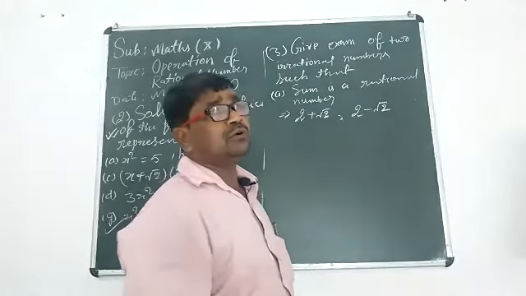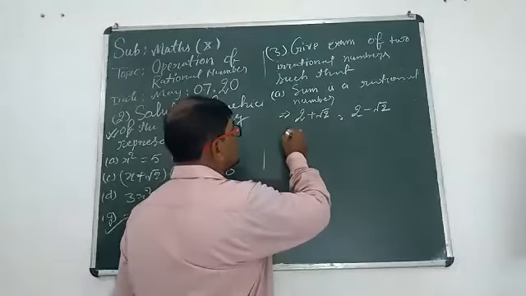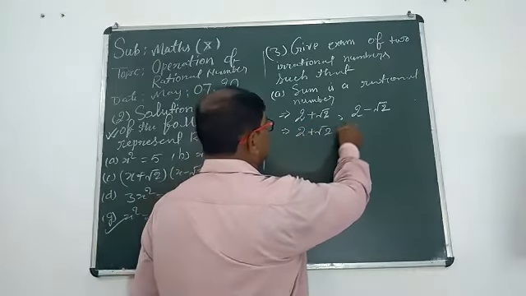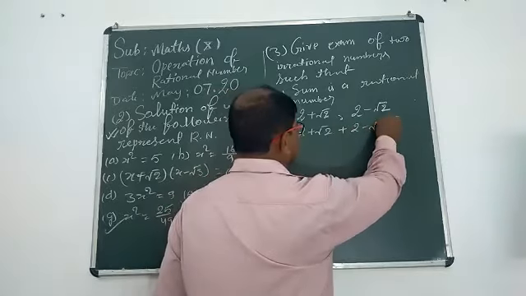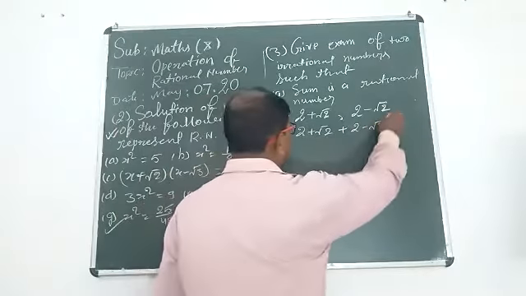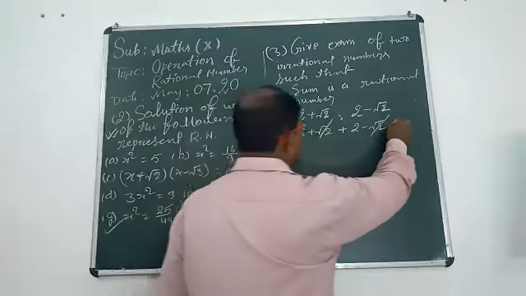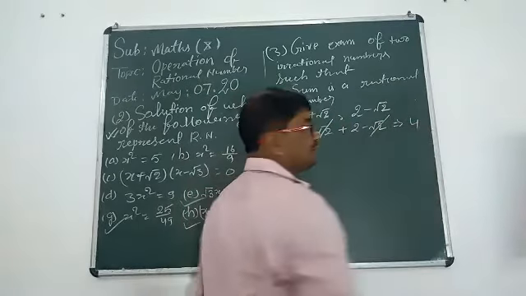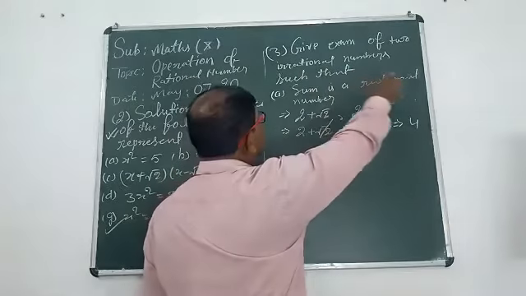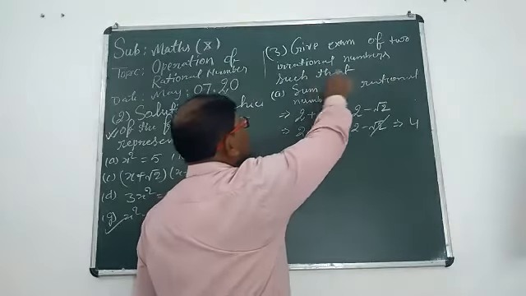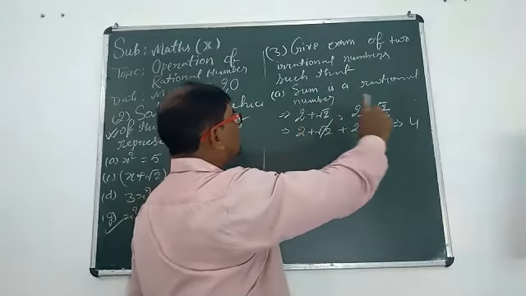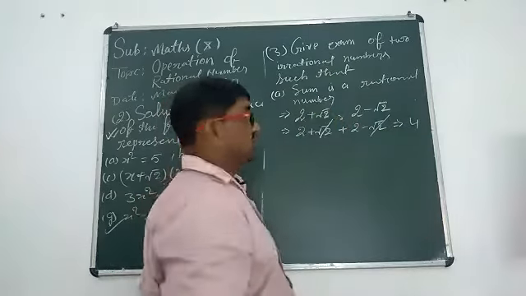Now, add 2 plus under root 2 plus 2 minus under root 2. Under root 2 cancels, and your sum is 4. So 4 is rational. Now, think about this question.